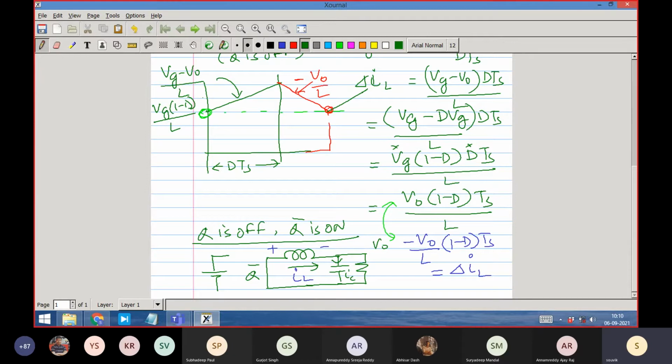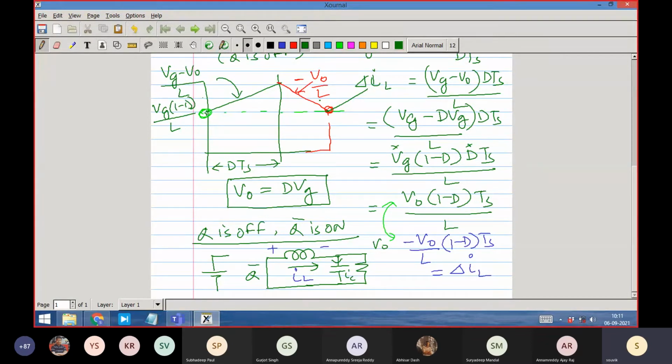Because we are always using the steady state property, V0 is equal to dVg. Because of this steady state condition, the inductor current at the beginning of the period is equal to the inductor current at the end of the period, and therefore delta IL you can compute any which way. It is easy to compute from the negative slope, because you are not doing any calculation.